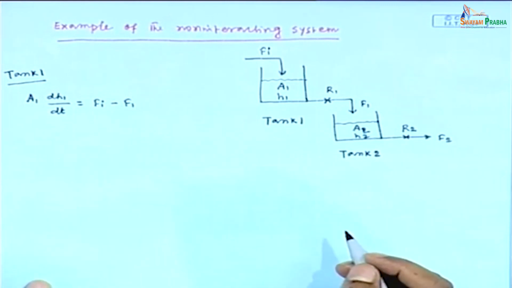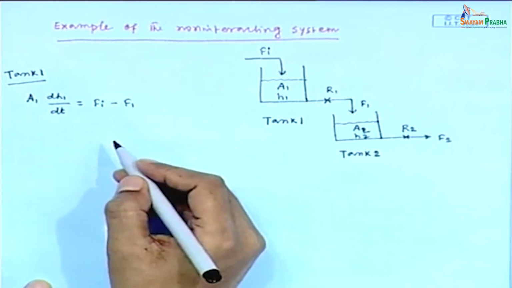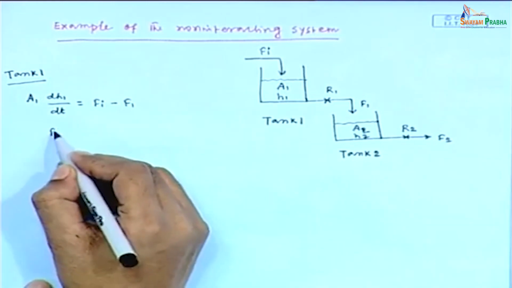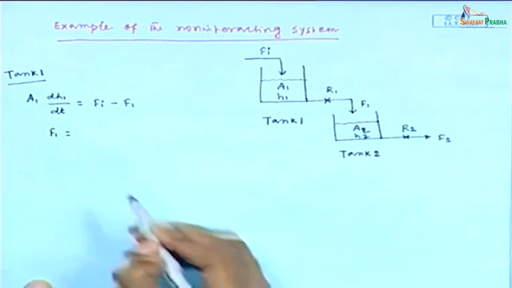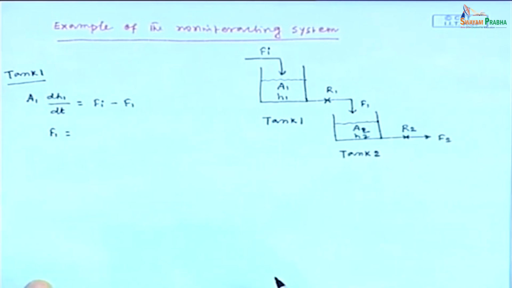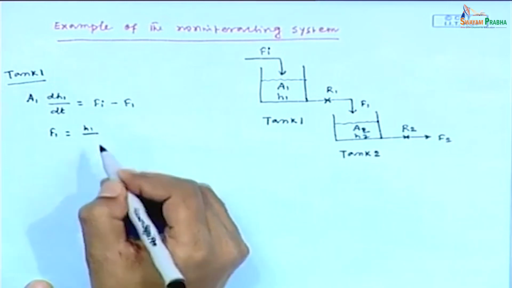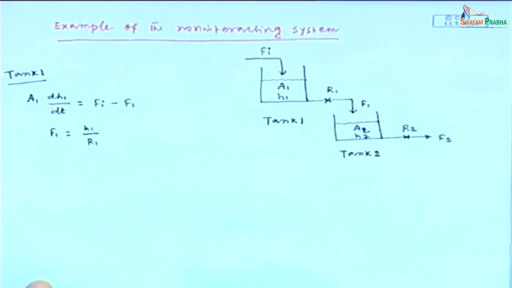Now, F1 we can write in the form H1 divided by R1. F1 equals H1 divided by R1, driving force divided by resistance to flow.